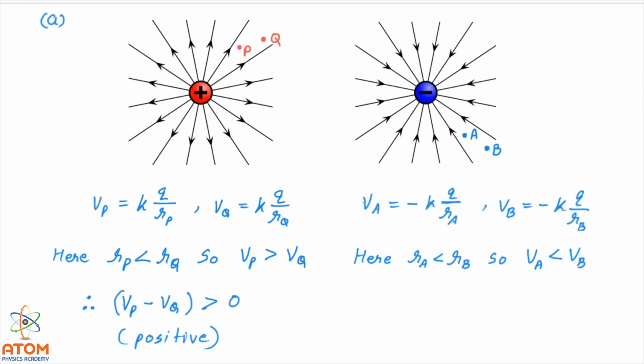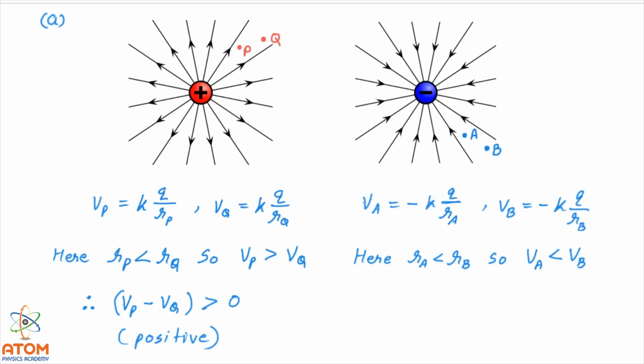See, this distance is less. So obviously magnitude wise, this term will have larger value. But there is a negative sign. So considering the negative sign, this becomes more negative. So Va is less because it is more negative, and Vb is large because it is less negative.